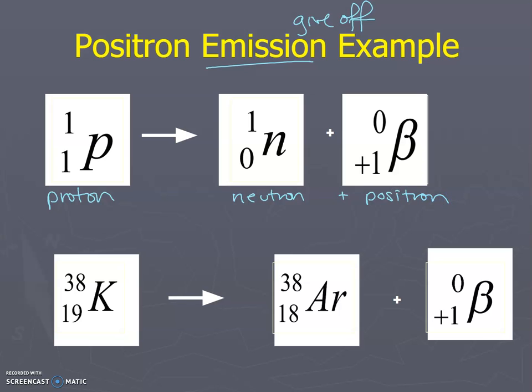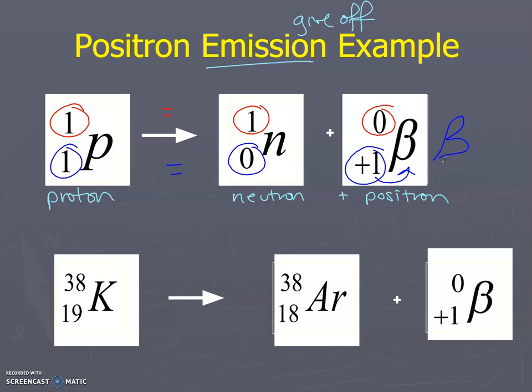And here you can walk your numbers through. 1 equals 1 plus 0. And then for the bottom, 1 equals 0 plus 1. And this positive 1 means that it's going to be our beta particle, our positron particle.